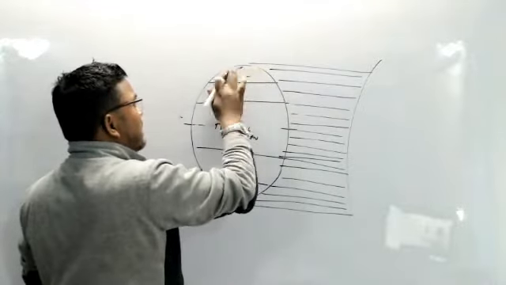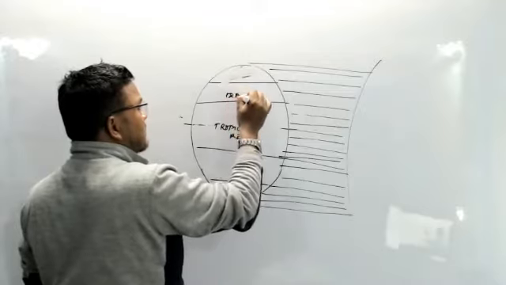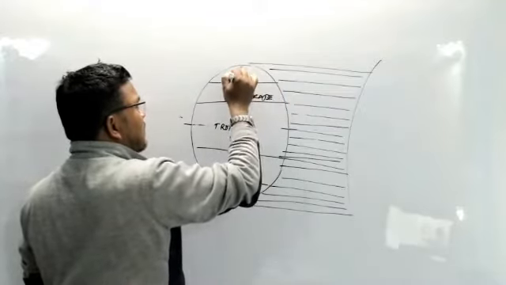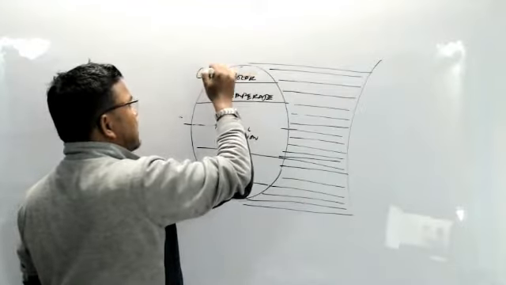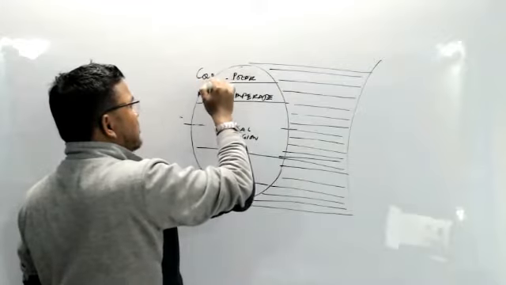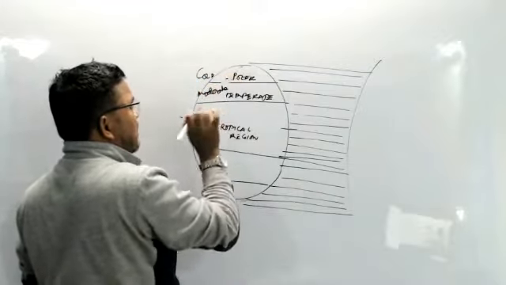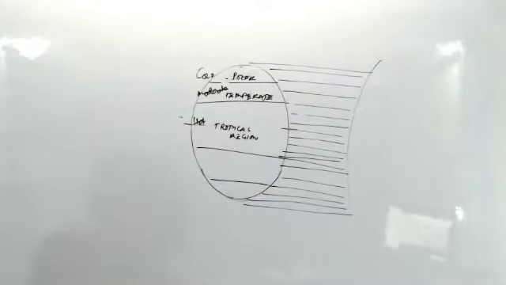And this one is moderate. We give the name temperate here, and here we give the name polar regions. This area is going to be cold, this area is going to be moderate, and this area is going to be hot. Hot regions, moderate regions, cold regions, like this.